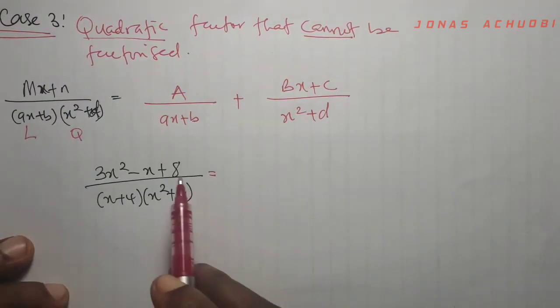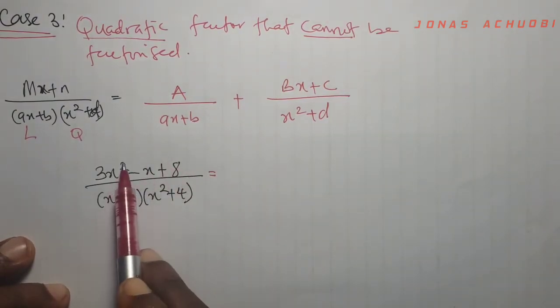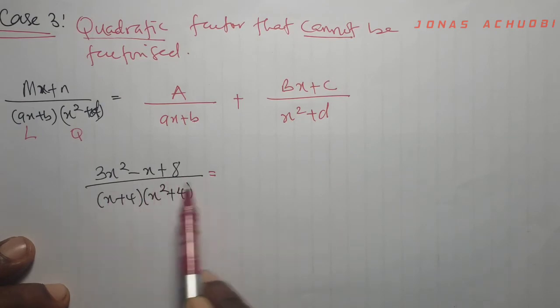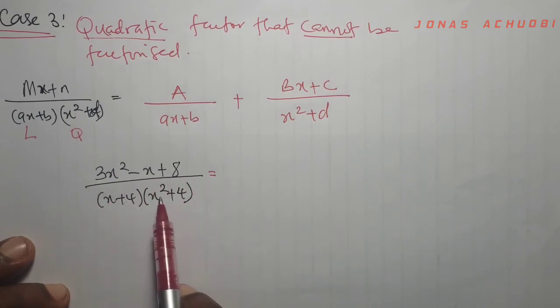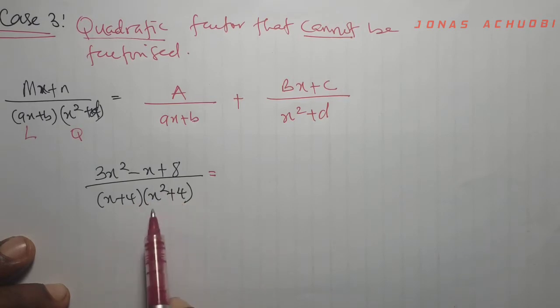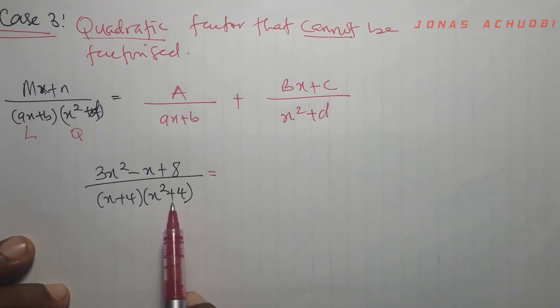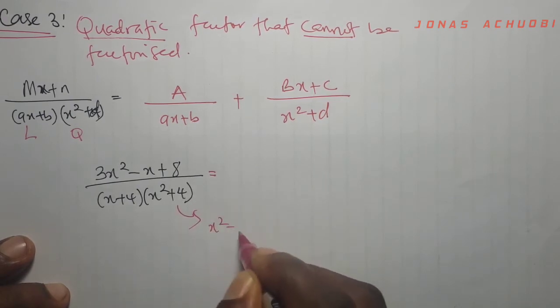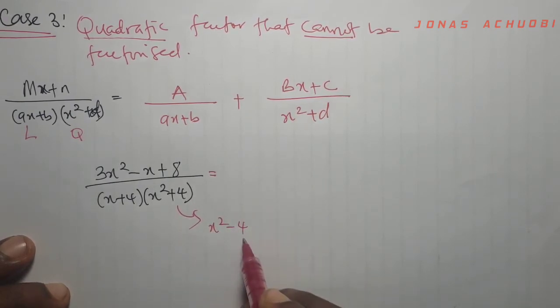For instance, if we have the compound fraction 3x squared minus x plus 8 divided by x plus 4 into x squared plus 4, this will be a case where we have one factor that is quadratic. And not just quadratic, this factor is not factorizable. If it were, how would it look? Let's see something. If we had x squared minus 4, it would be factorizable. How?